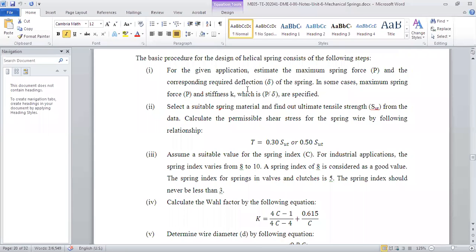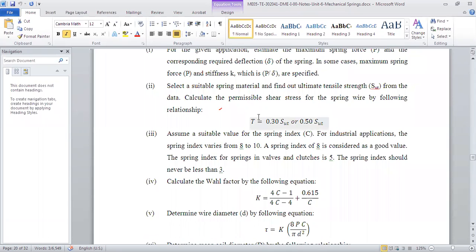So if that is the case, then we will immediately get to know load and deflection, and if we know that, that means we will get to know the stiffness of the spring, right? So first step is finding out the load on the spring, the allowable deflection of the spring, and the stiffness of the spring. Okay. Then as per our discussion, the next step is to find out the material of the spring.